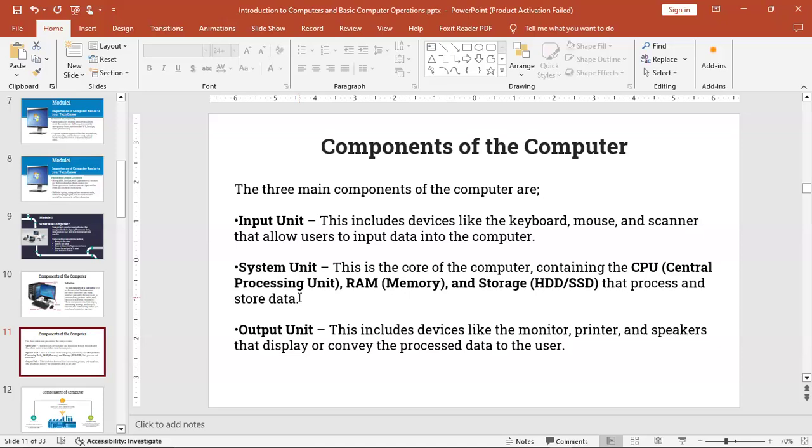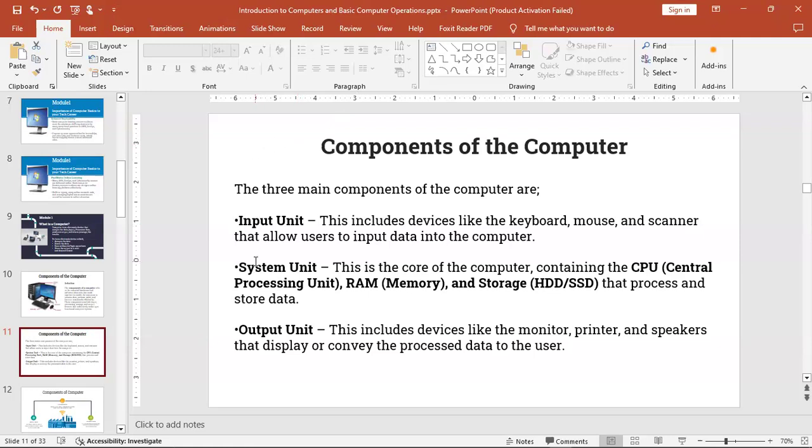Data is raw facts. It's something that has not yet been processed. It's raw material. That's what we call data. And you input it into the computer using an input device, like the keyboard, the mouse, the scanner, and other input devices. We're going to see them in more detail.